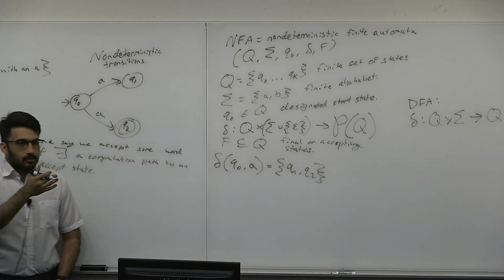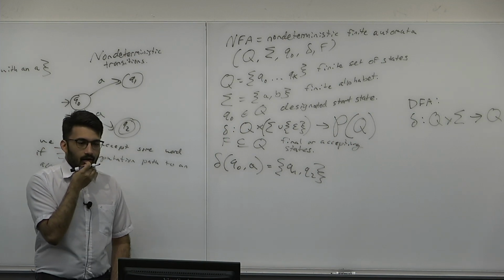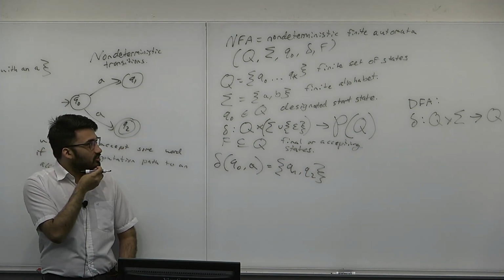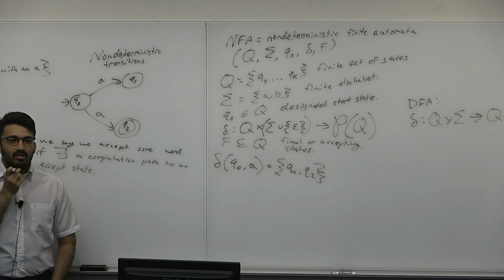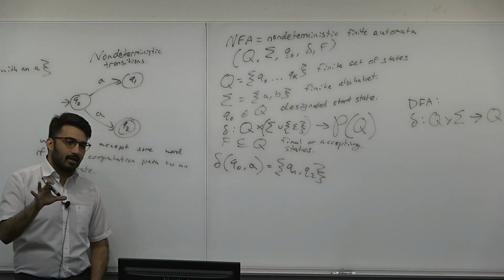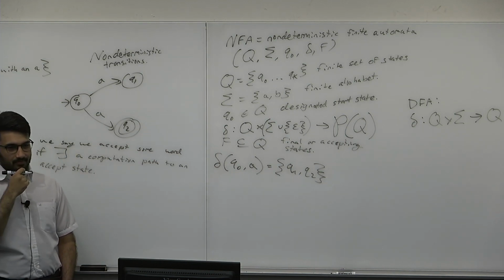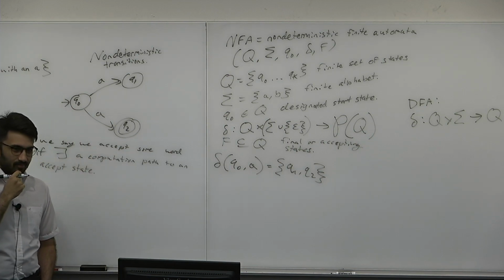In an NFA, can there be multiple starting states, or does there have to be one? There is only one starting state. But it turns out that's okay, because if you had something you wanted to do with multiple start states, I claim you could do it with one start state. Why? You just make a new start state and add epsilon transitions to all the prior ones.